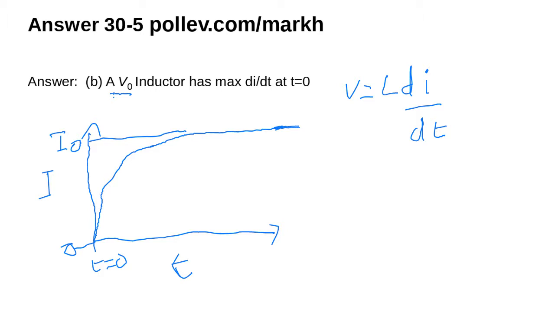So we've got no voltage over the inductor, but at time equals 0, we've got the maximum rate of change. So right here, if you drew a tangent on there, we'd have the maximum di dt that we're going to have. So to see what the actual voltage is, you can look at the equation and work it out.